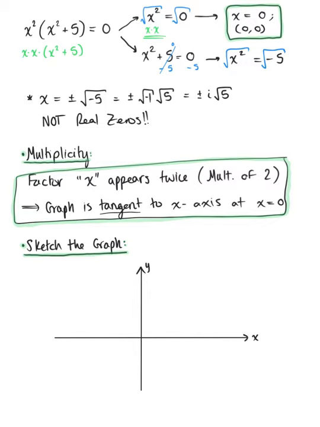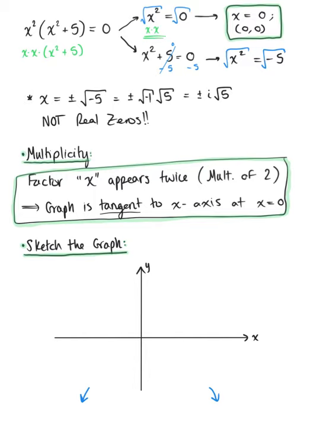So the first thing we want to reference is the leading term test. So from our leading term test, we know that both ends of the graph are pointing down. So I'll do my left-hand arrow pointing down and my right-hand arrow pointing down.